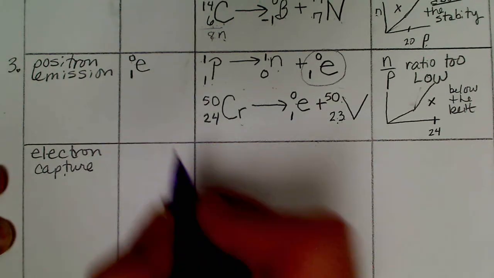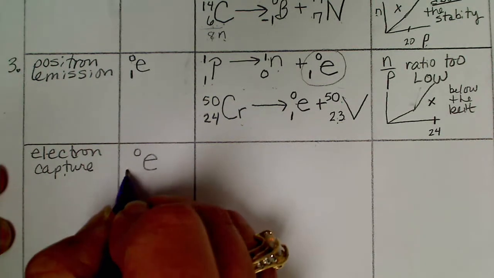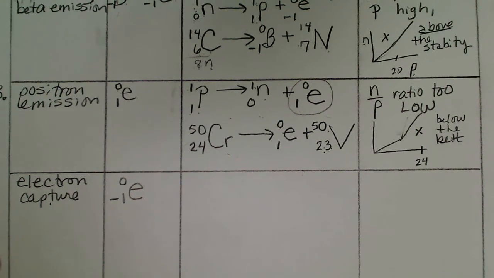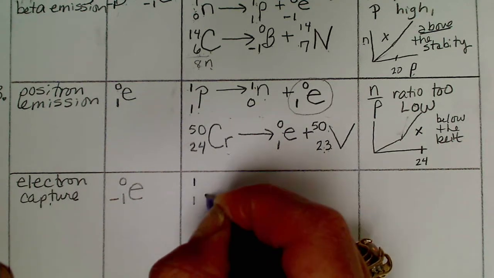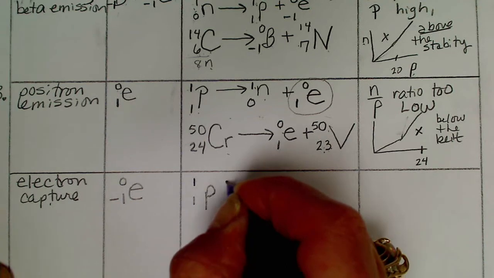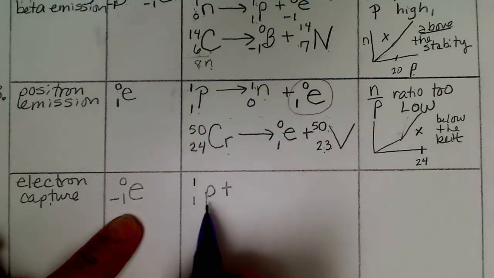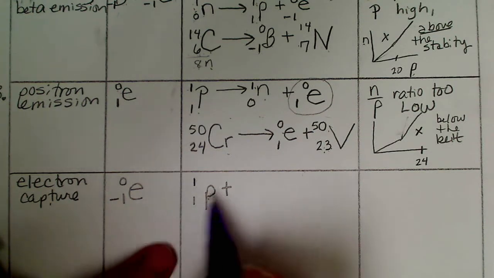Electron capture. So the particle is an electron, mass of 0, charge of -1. And the overall effect is still the same, that a proton turns into a neutron. But in this case, we're going to write the proton as a reactant, and the electron is part of that reaction. I think of this like the old Pac-Man, where the little creature gobbles up the dots.